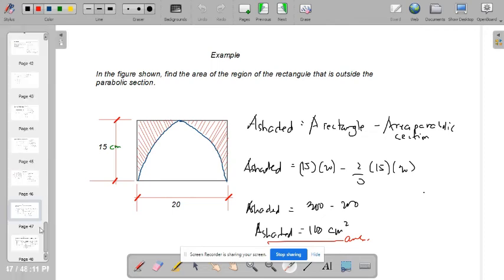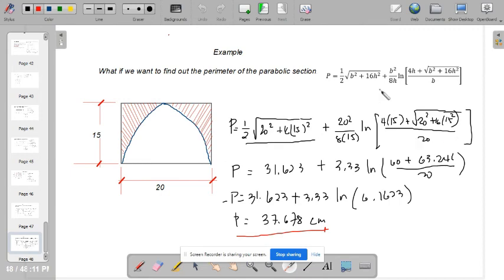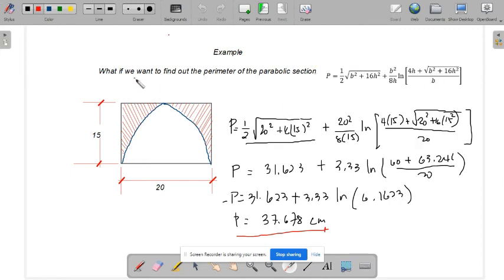Okay. Now, what about its perimeter? So this is the formula for the perimeter. We just plug in the values. P is equal to 1/2 times the square root of 20 squared plus 16 times 15 squared, plus 20 squared over 8 times 15, times natural logarithm of 4 times h, which is 15, plus the square root of 20 squared plus 16 times 15 squared, all over 20.